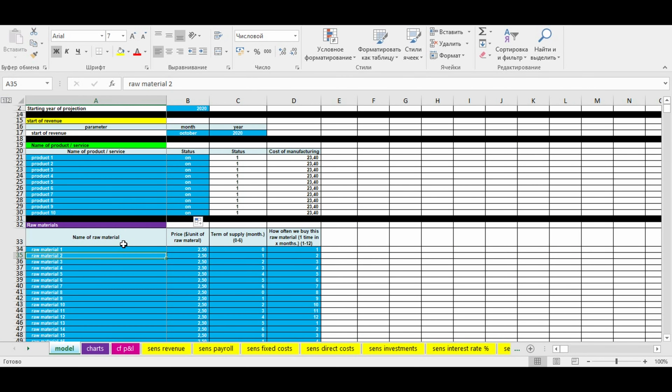This will allow you quickly create lots of scenarios of operating activity.